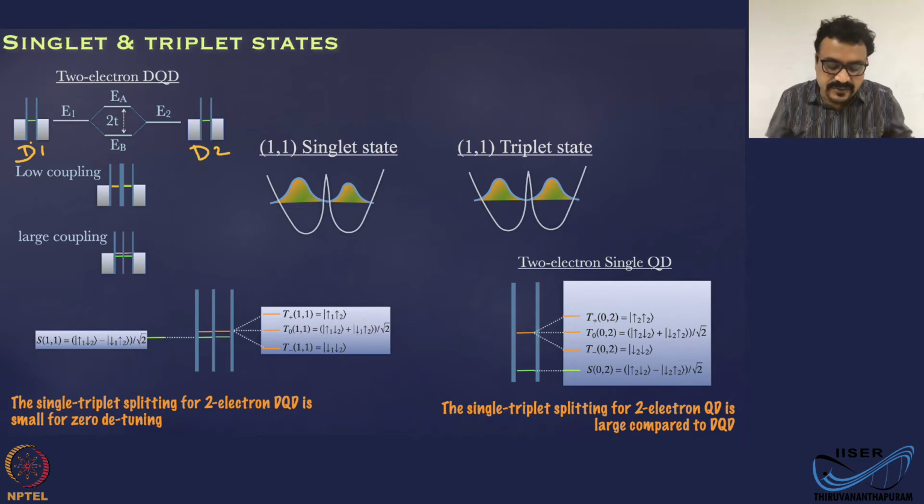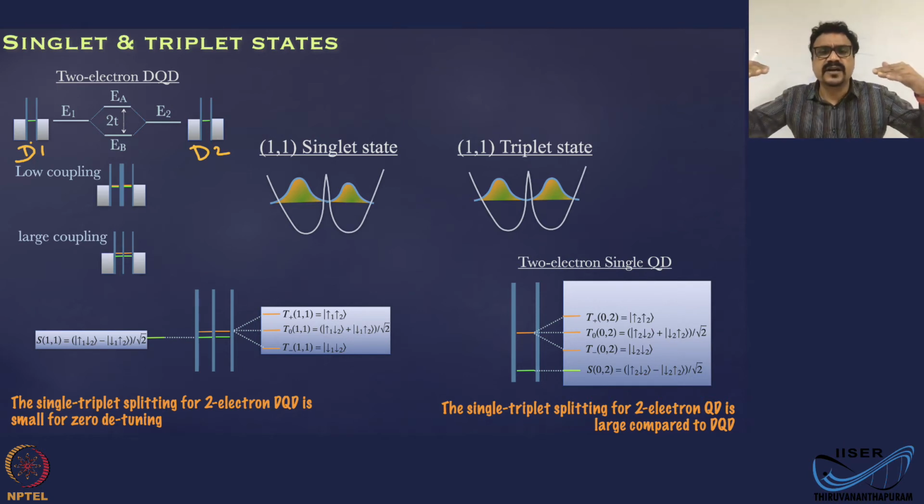When you bring them closer, you have a tunnel coupling, say 2T. Now remember, for this discussion, I have assumed that E1 is equal to E2. These two levels are the same. That means the detuning between the two dots is 0.